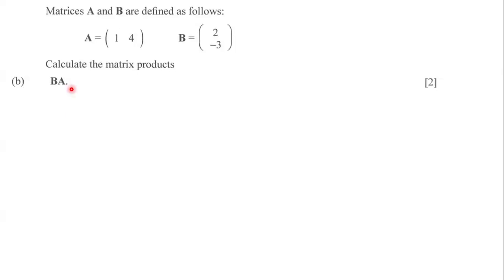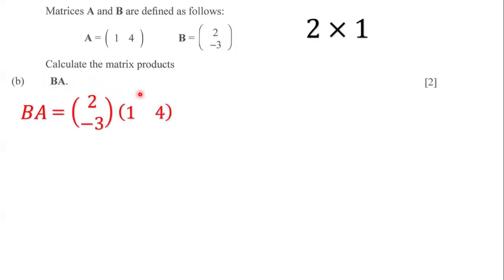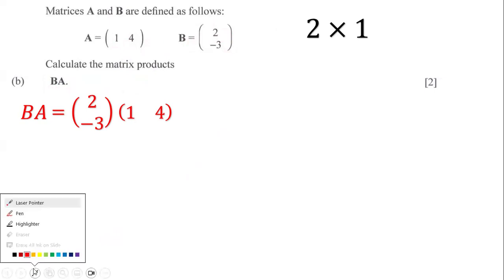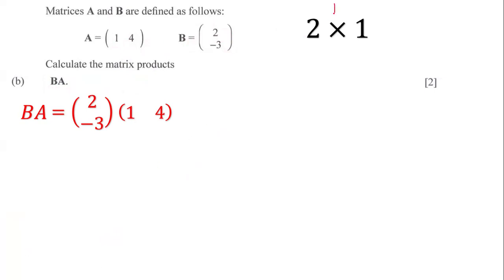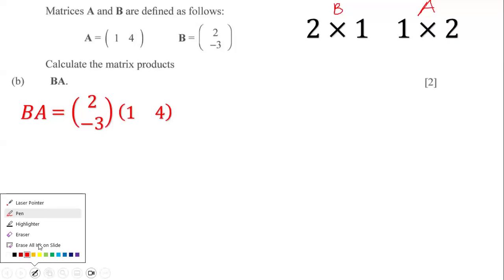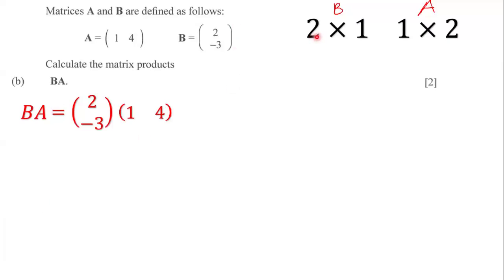Next, we have to determine BA. What is BA, or B times A? Remember, we're trying to do B times A. Matrix B has the order 2 by 1, because it has 2 rows and 1 column.